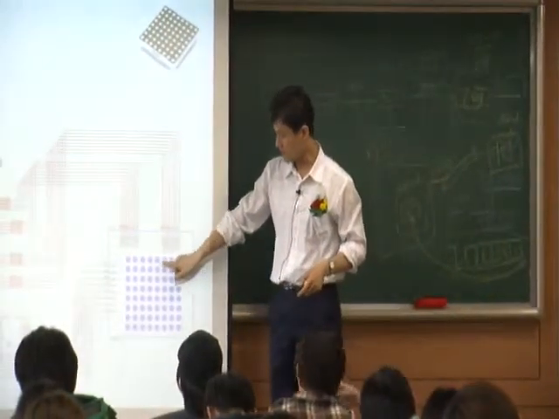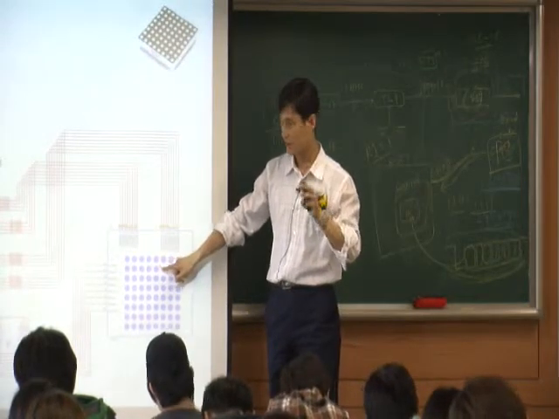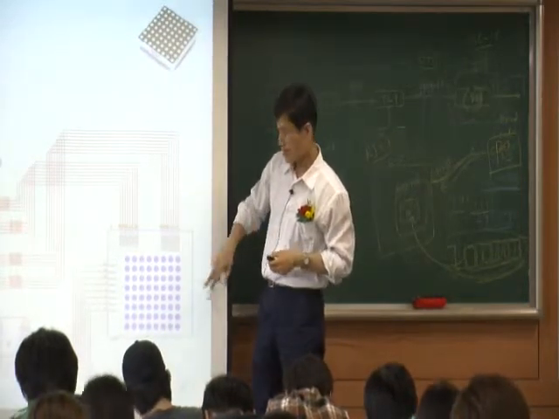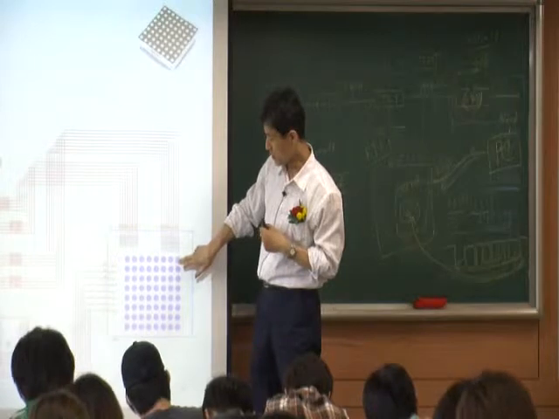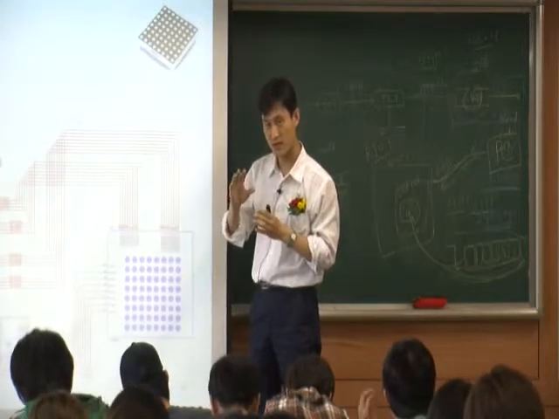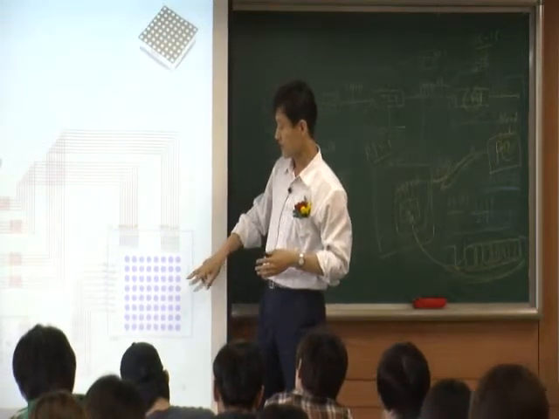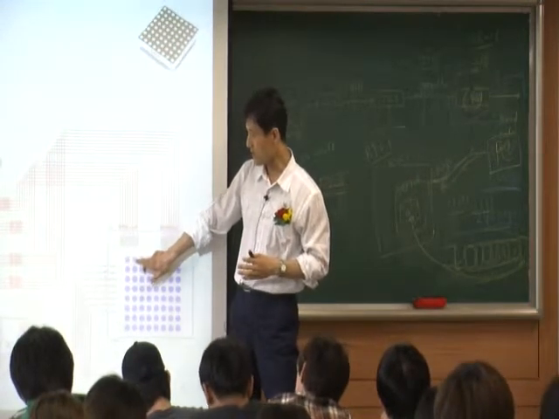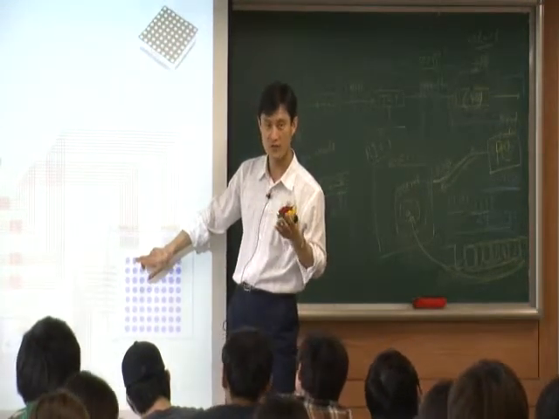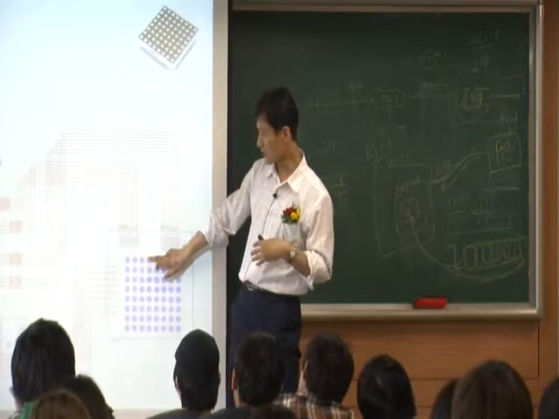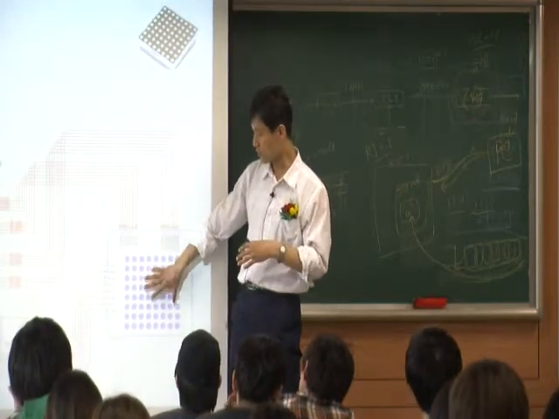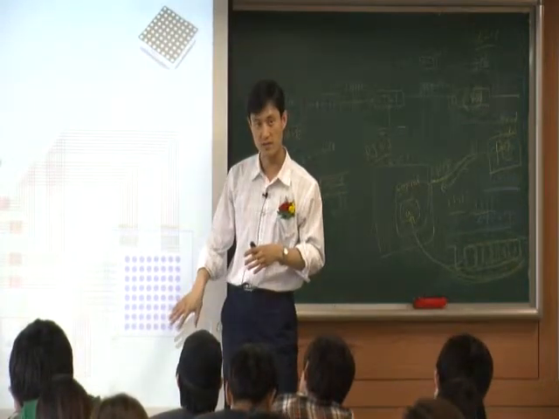So each of these dots can display 3 colors. We want to control each of these LEDs separately, right? Maybe this LED is on, and the next LED we want to make it off. Maybe this one green, that one red. You can control each of them independently.